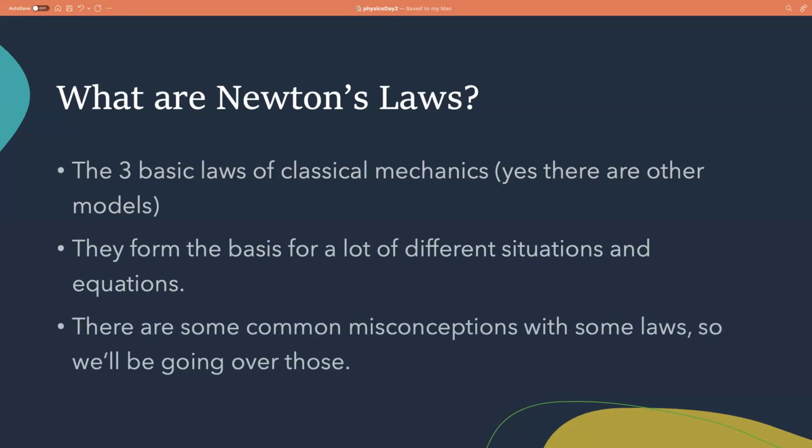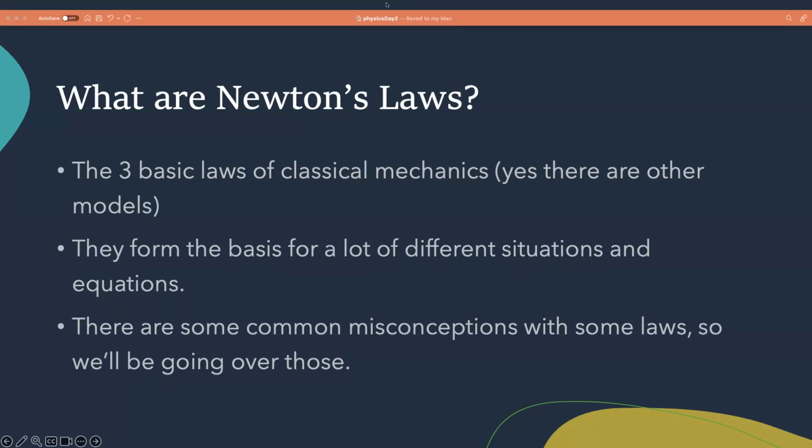So these have a lot of common mistakes, and they like to straight up ask you about Newton's laws and make sure you know what you're doing with them sometimes. So be on the lookout for those questions on the AP exam, or just tests in general, because physics teachers do want to make sure you actually understand what Newton's laws mean.